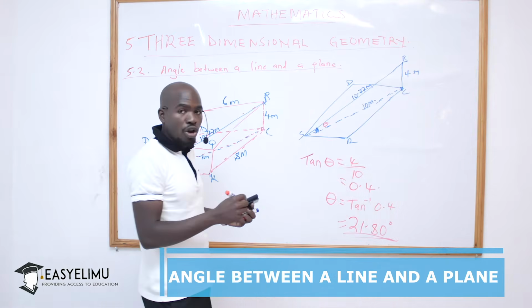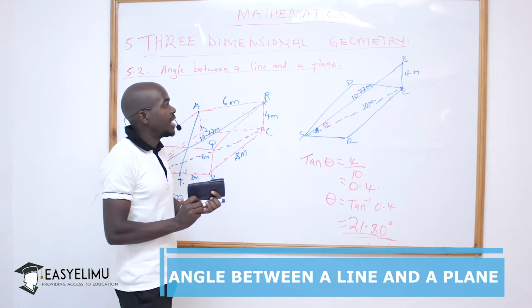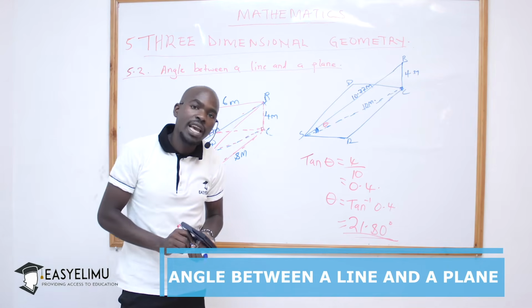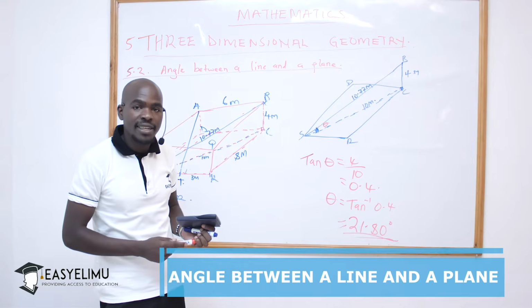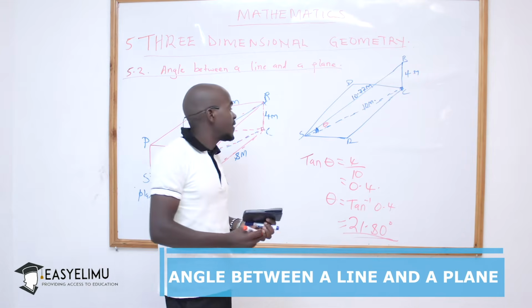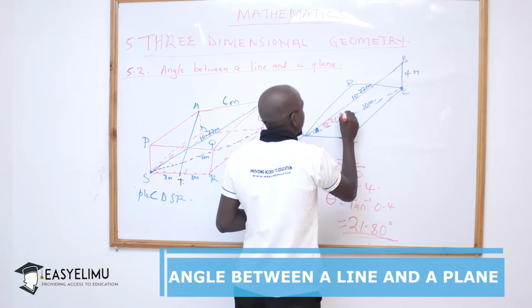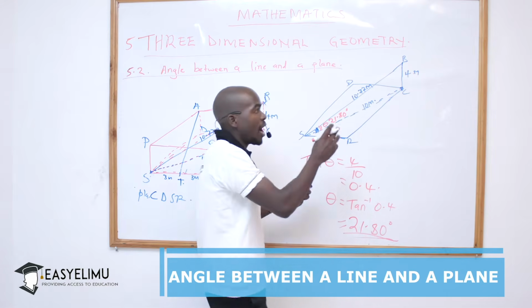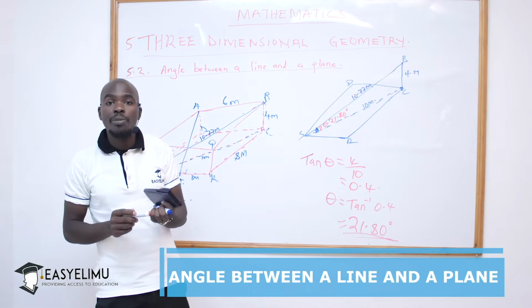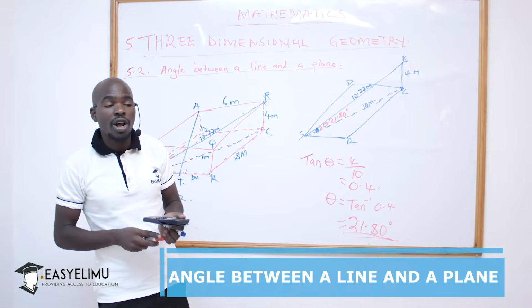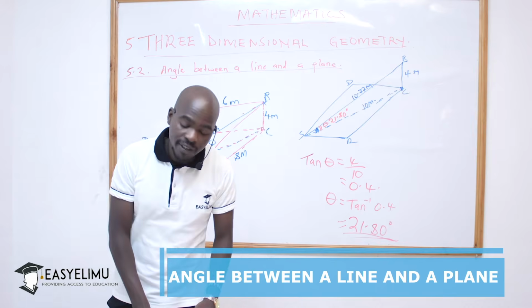Now I can comfortably say that the angle between line SB and the plane SRCD is 21.80 degrees.